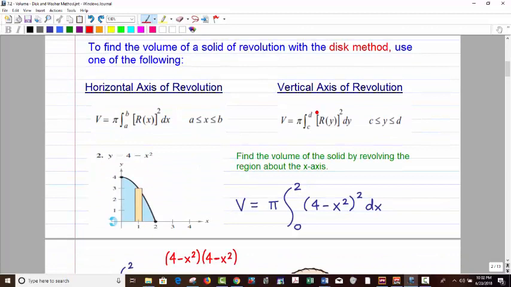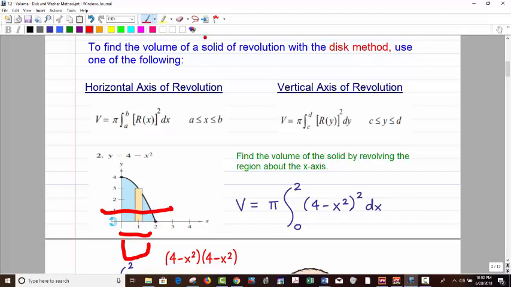So here are the two formulas we use, whether it's a horizontal axis of revolution or a vertical axis of revolution. I pretty much stick to the x and y axis, but it can be done otherwise. For example, you could revolve it around the line y equals 1. Forget about this bottom part, but then you would have a gap here. That would actually be a washer method.